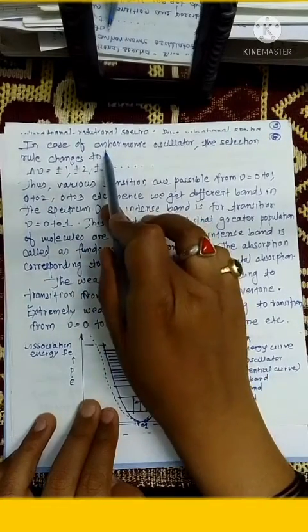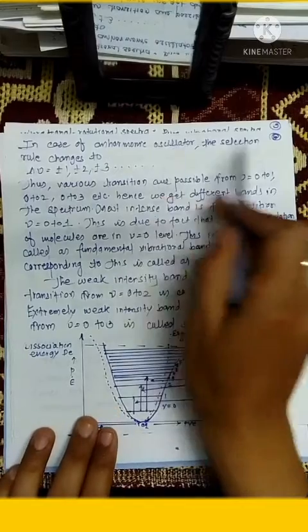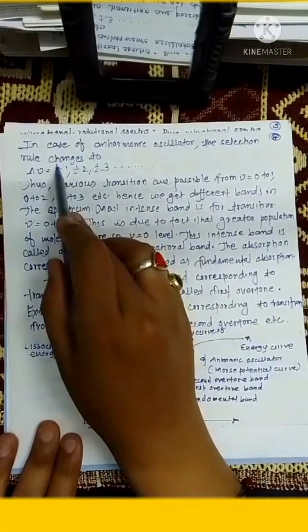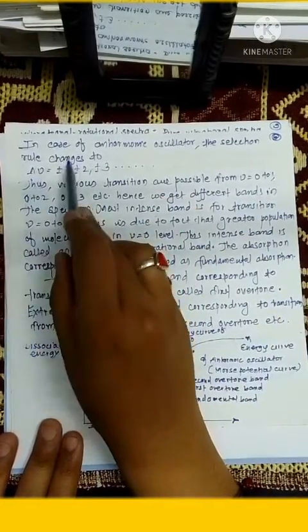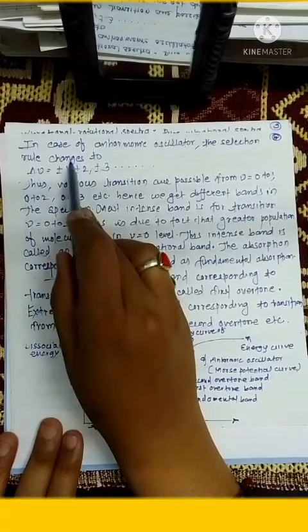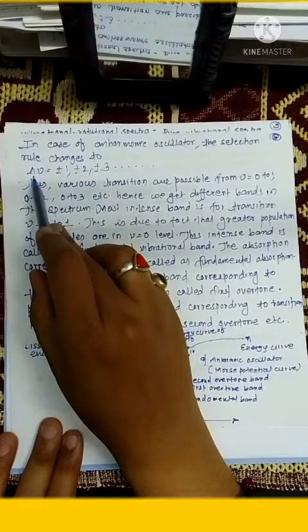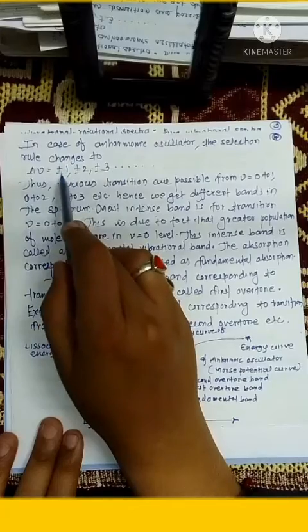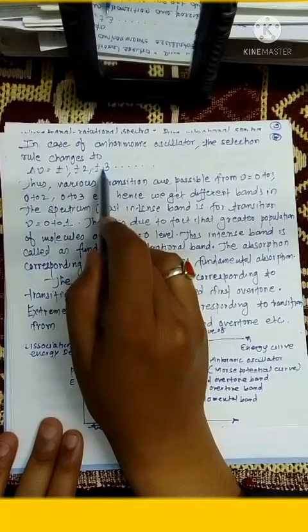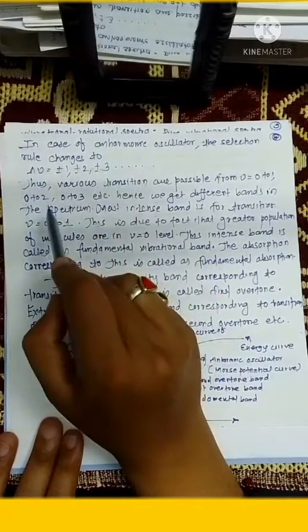So in case of anharmonic oscillator, the selection rule also changes. The selection rule for anharmonic oscillator is delta ν is equal to plus minus 1, plus minus 2, plus minus 3, etc. are allowed.